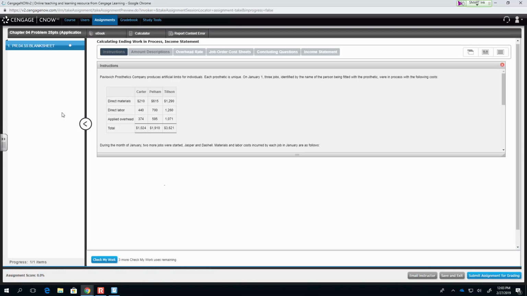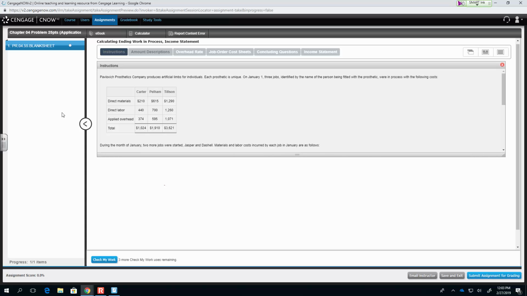What is question 1? So what is the overhead rate? And it should say what in front of overhead rate? On the basis of direct labor dollars? Yep, direct labor dollars, but it should say predetermined overhead rate, right?